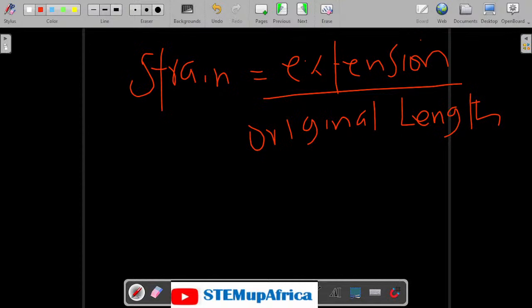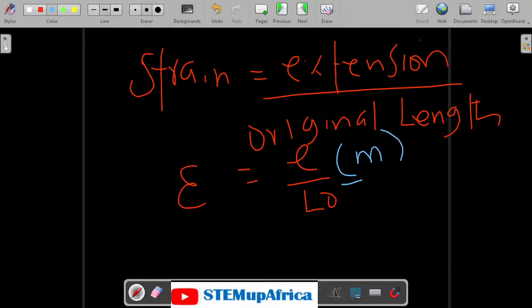So in symbols, strain equals e over L0. From this formula you can determine the dimension of strain. So extension is measured in meters, while original length is also measured in meters.